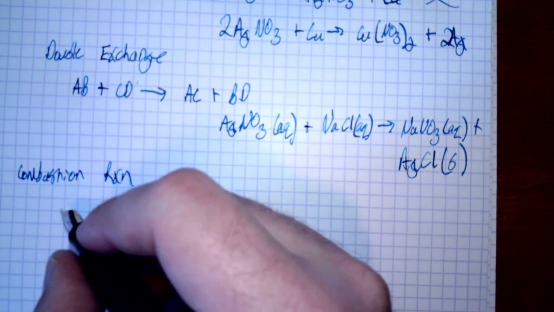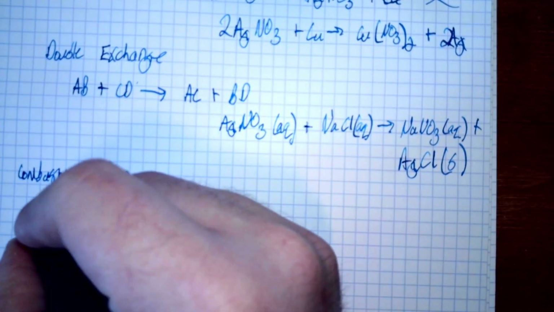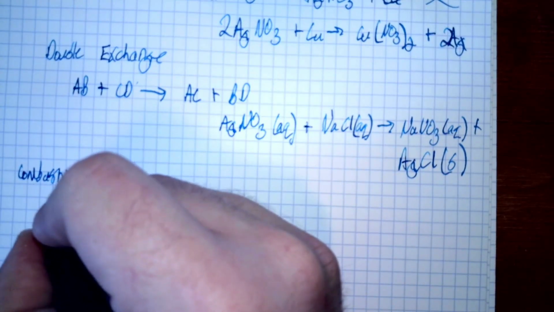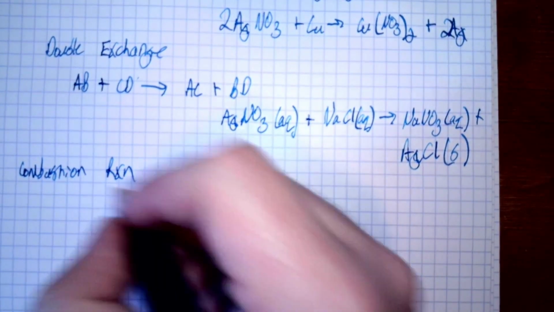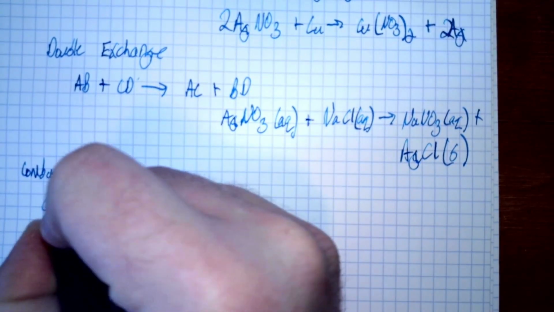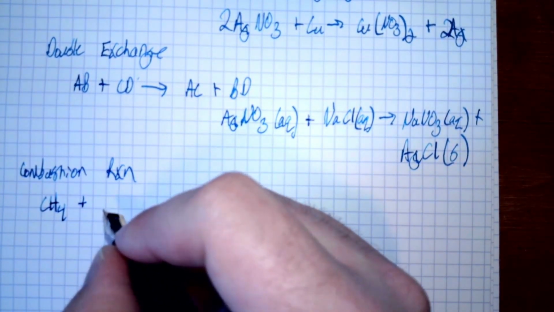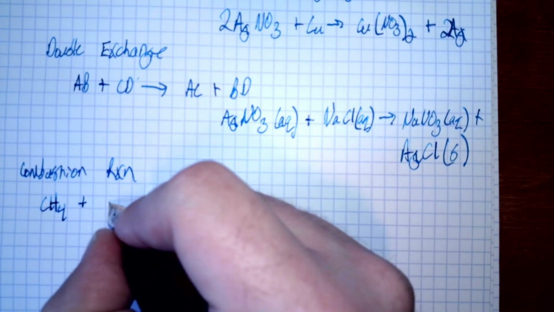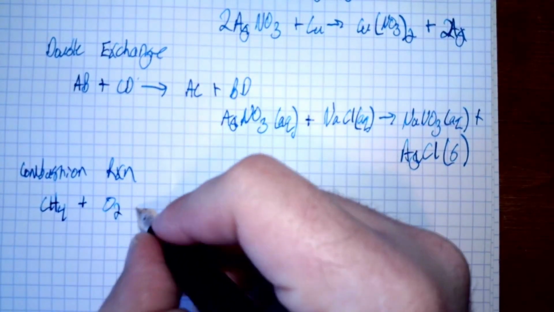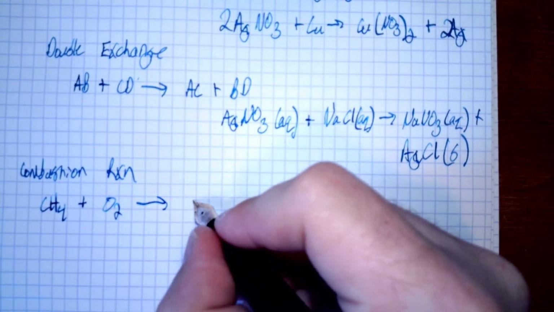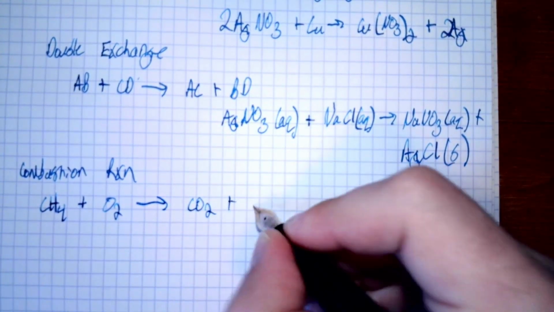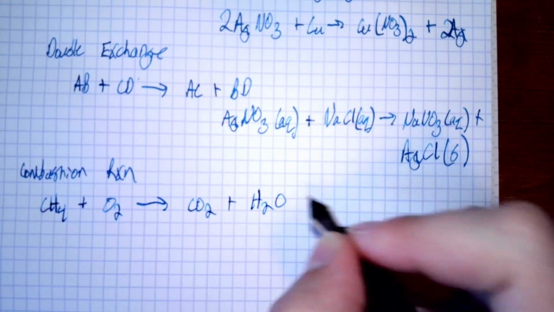Now, when we have a combustion reaction, we take something. Right? I'm going to use methane in this example. Oftentimes it's a hydrocarbon, but I'm going to use methane. We react it with oxygen, and our products always are CO2 and H2O.